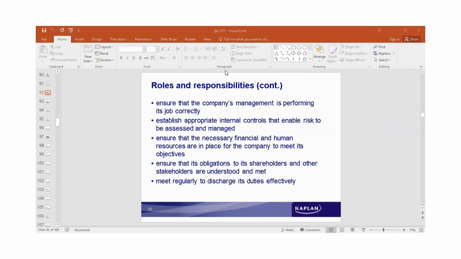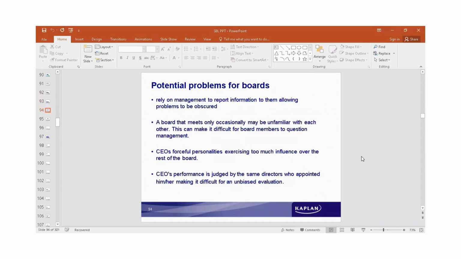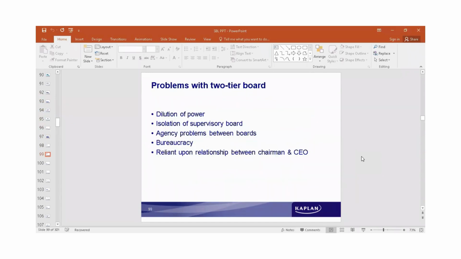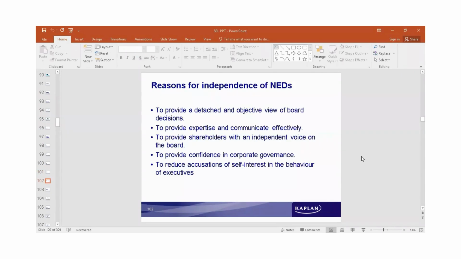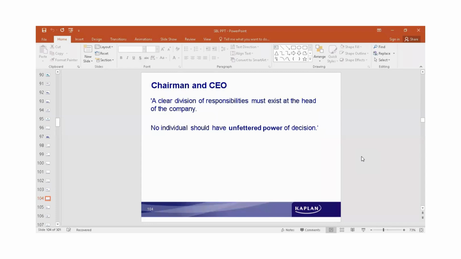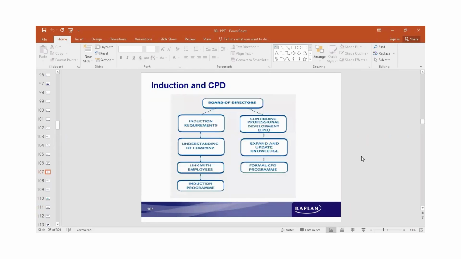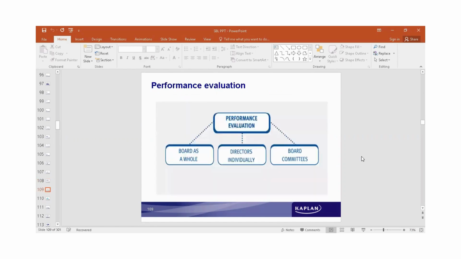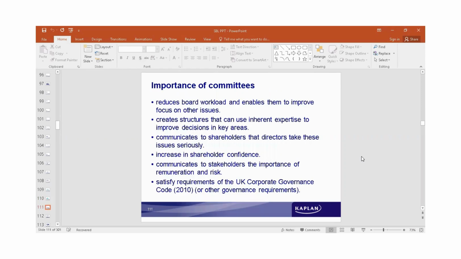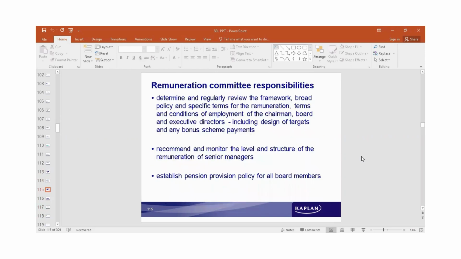So the case study, what we have done, we looked into what was the flaw in that particular situation, what is the appropriate thing, and then also later on we have learned about the nominations committee, and there was a recommendation to be given in that particular case about what is the purpose and the benefit of having a nomination committee in the organization. So simultaneously, while learning that, we were able to connect it to that.